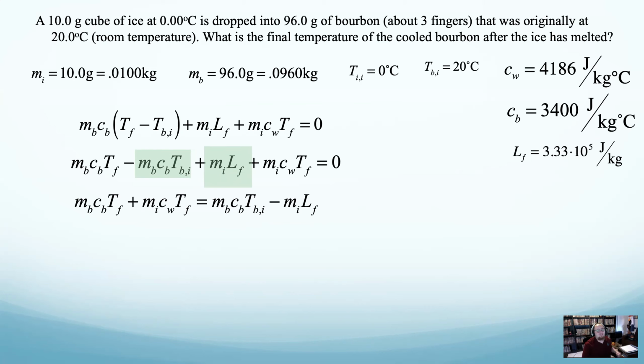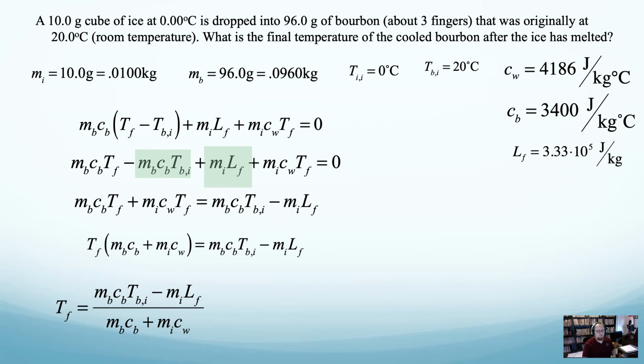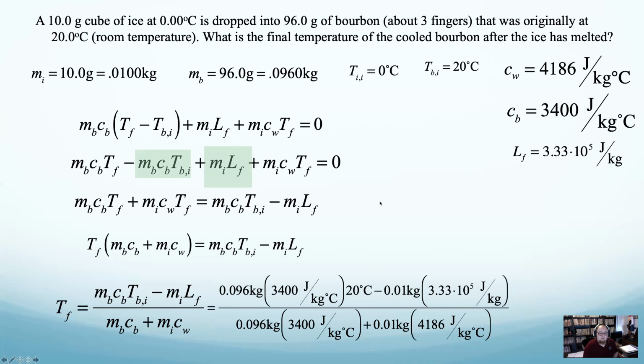I can then factor out my T final and divide both sides by what's in the parentheses. Quick thing, before I plug in numbers, let's still finish the problem, then I'll do a side tangent. But there's my equation. I'll take this equation and plug in my numbers, and I'll get a value.